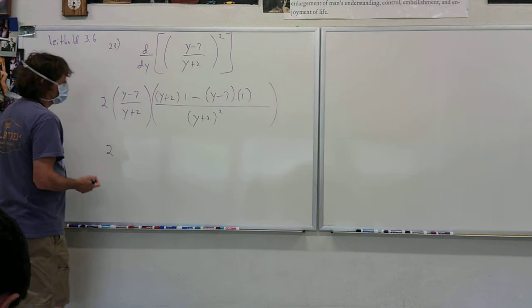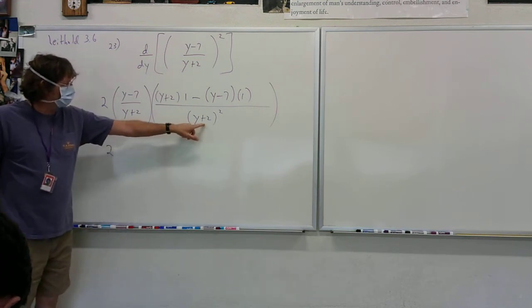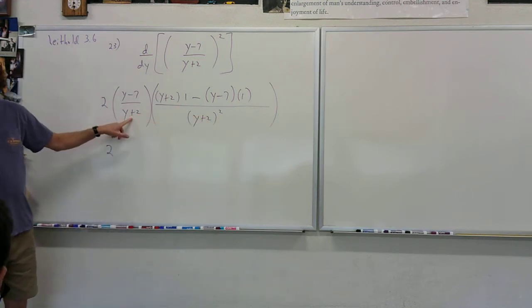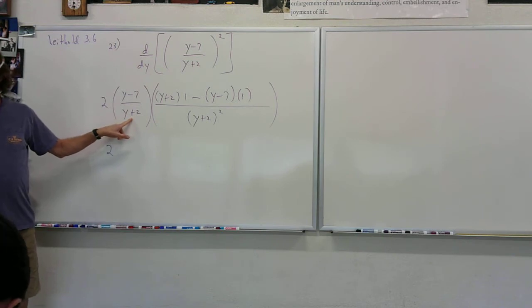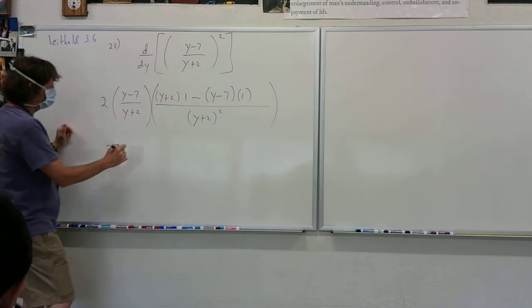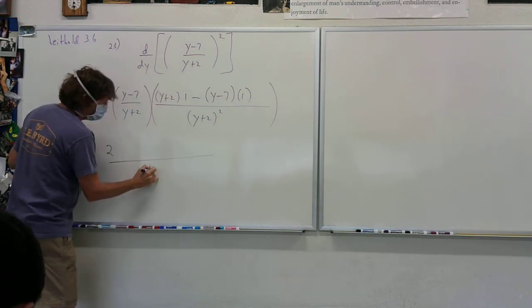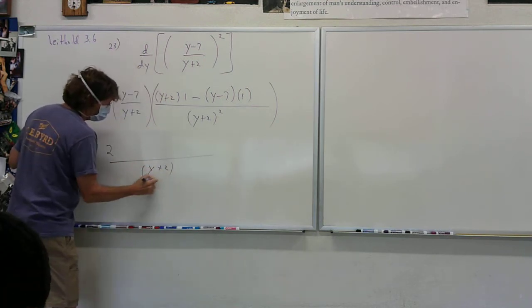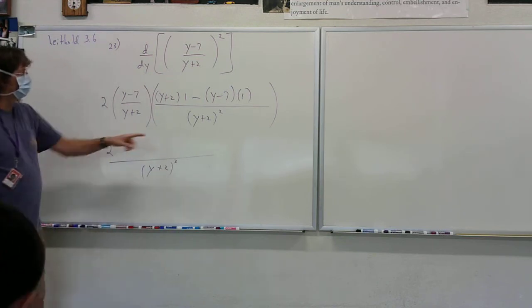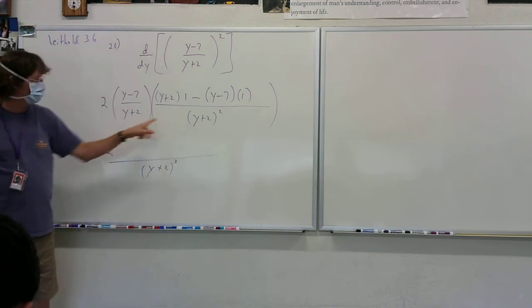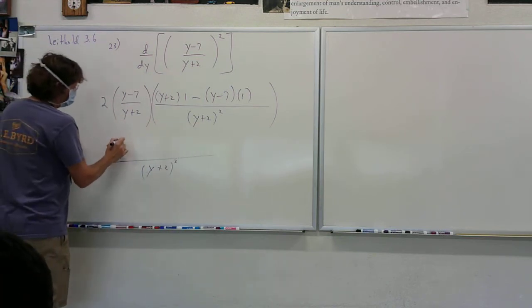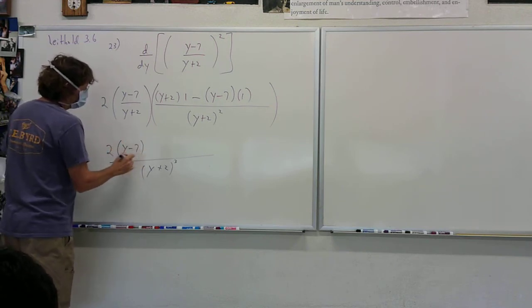Let's chat for a second. Do you see how you have y plus 2 squared here, and you have y plus 2 to the first there? So that's going to be y plus 2 to the third in the denominator. Don't ever square that out. Just leave it, but you can put that together. And then you have the y minus 7.